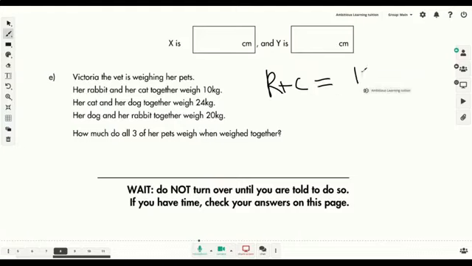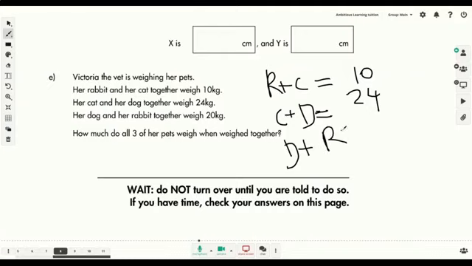Cat plus dog together equals 24 kg. And dog plus rabbit equals 20 kg.